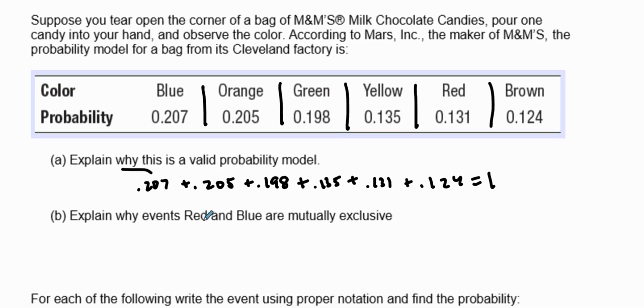Explain why events red and blue are mutually exclusive. Well, mutually exclusive, once again, means that they cannot occur together. Can you have an M&M that is red and blue?